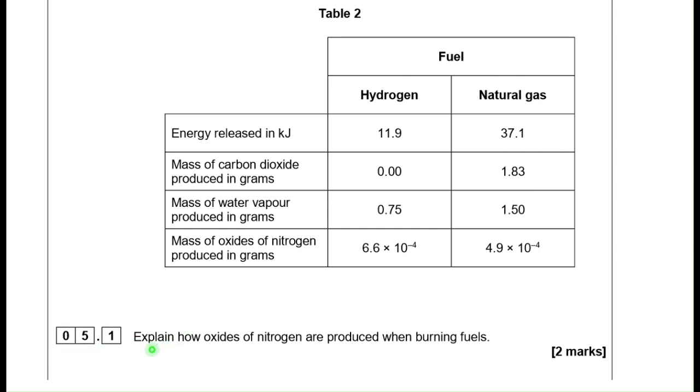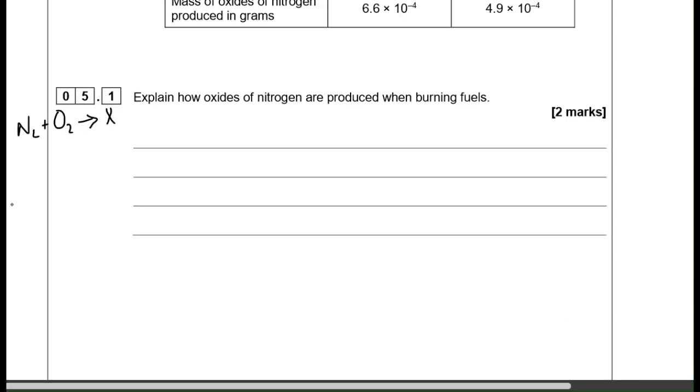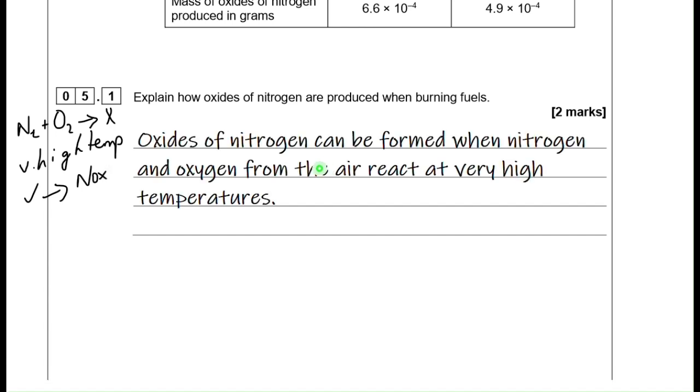5.1. Explain how oxides of nitrogen are produced when burning fuels. This is for 2 marks. Under normal conditions and average temperatures, nitrogen will not combust with oxygen. However, at very high temperatures, it will. So the nitrogen from the air and the oxygen from the air will burn and produce what we call NOxes, oxides of nitrogen.